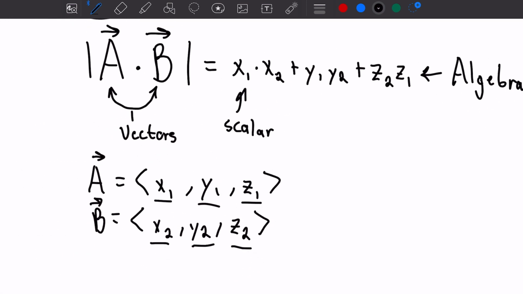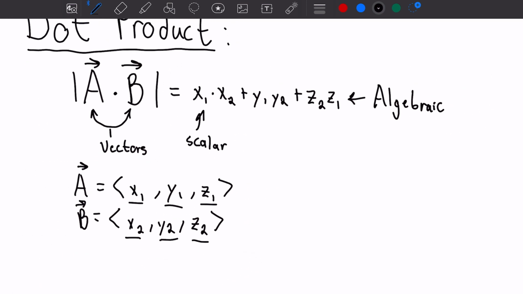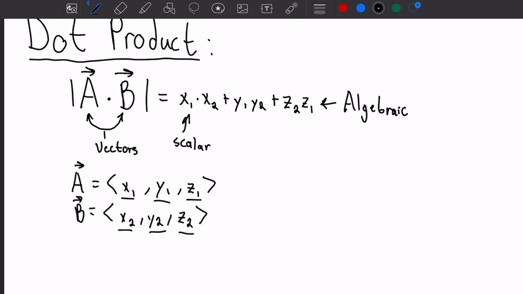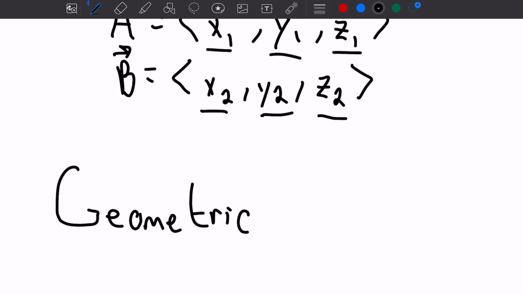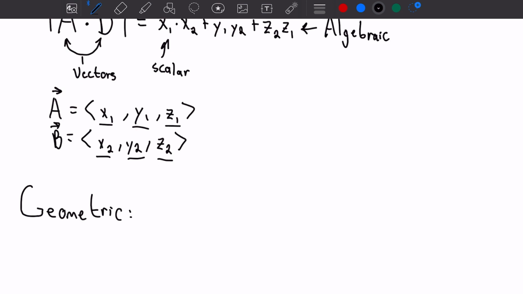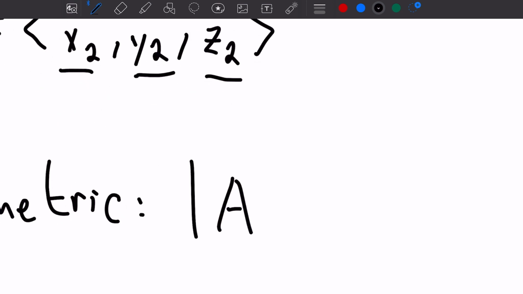But there's actually a second definition that comes in handy. It is known as our geometric definition of the dot product. Again, our inputs are going to be the same.